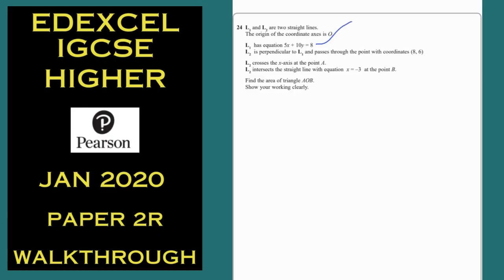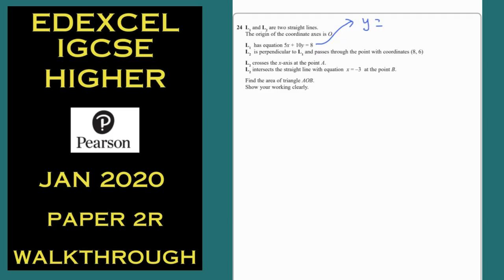So L1, I'll save a bit of room because I use quite a lot of working out on my worked answers. Rearranging this, we'd rather have y equals, because if it's in the form of y equals mx plus c, it means you've got 2 important bits of information: c, the intercept if you need it, but more likely it's the gradient you're after.